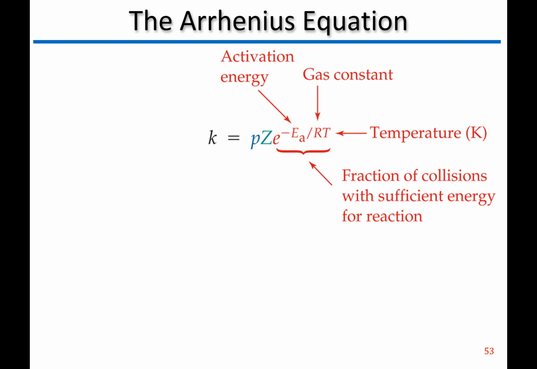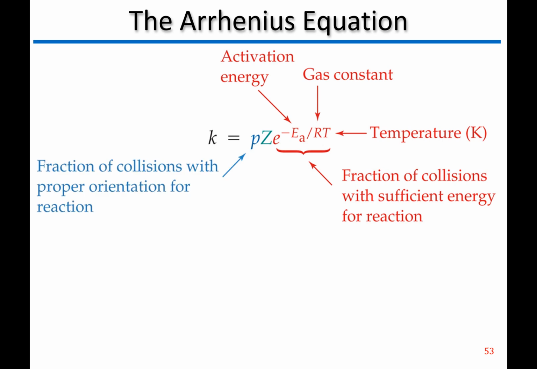So the activation energy, the gas constant, the temperature, and this all factors in the collisions that have sufficient energy for the reaction. Okay, so that whole term tells us how many collisions we have that actually have enough energy to complete the reaction. Then we have P, which is the fraction of the collisions with the proper orientation. And last we have Z, which is the constant related to the collision frequency.